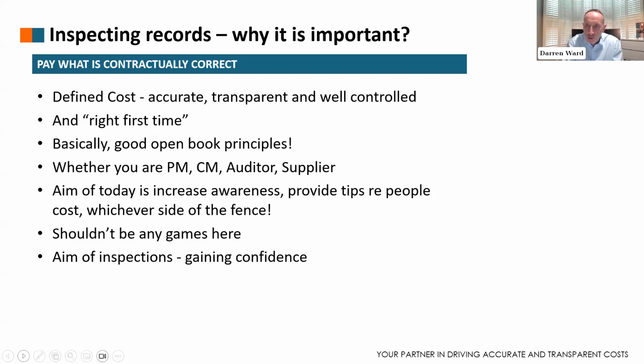We're looking for right first time costs being submitted through the applications for payment. And Ian's mentioned that process earlier. But basically, we're looking for good open book principles. So this doesn't matter whether you're a project manager, a cost manager, an auditor, a supplier, whoever you are, we're all trying to take defined costs on this journey of being accurate, well controlled, and right first time.